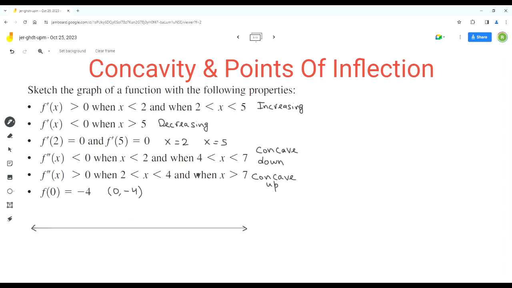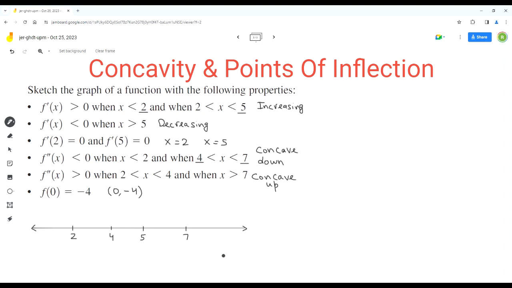Now the given intervals have the x values 2, 5, 4 and 7. So we will break down this number line using these x values. We'll start with the smallest x value, which is 2, and then 4, and then 5, and then 7.